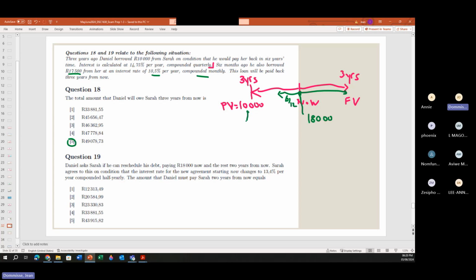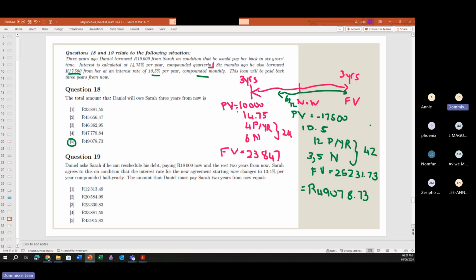If I now look at that 10,000 over that period with this 14.75, instead of the 3 years, the 6 years, sorry, that we had, I want to find out what that value is now. Remember, I worked out that value over 6 years in my previous question.